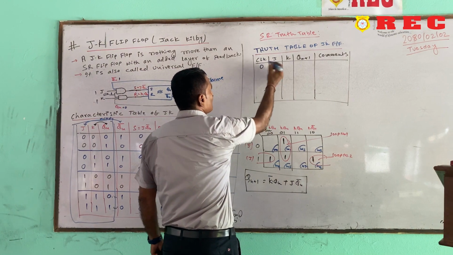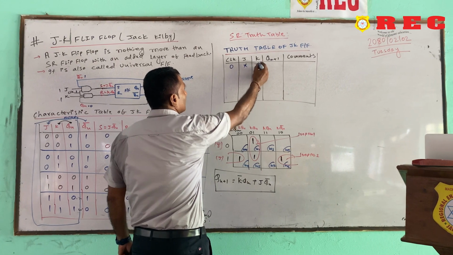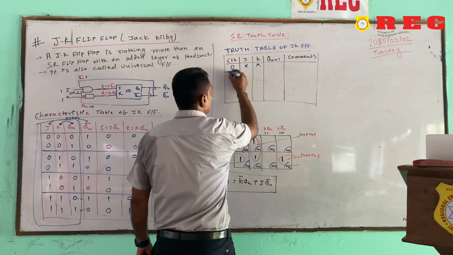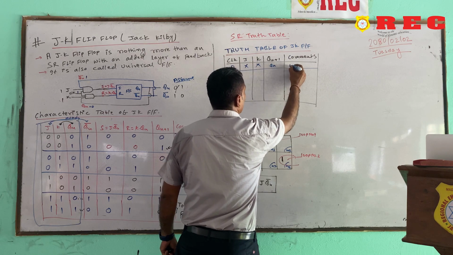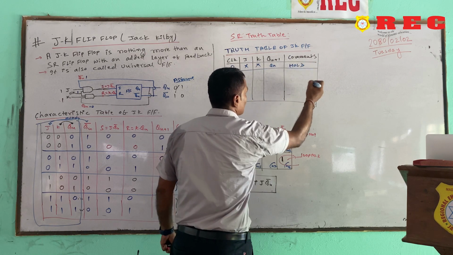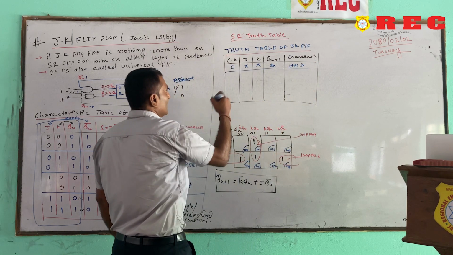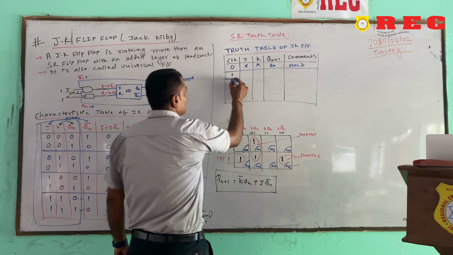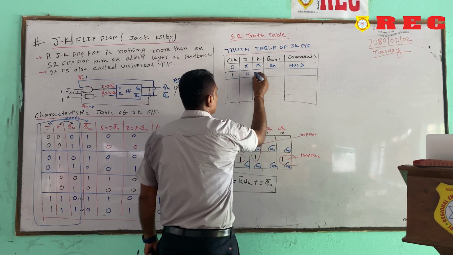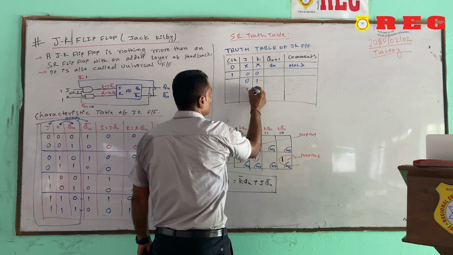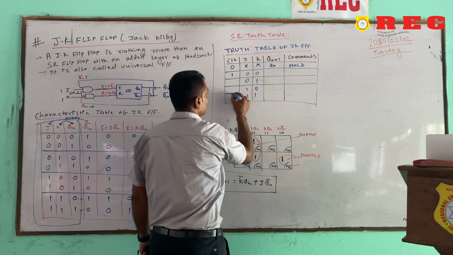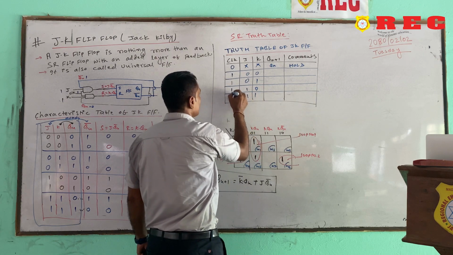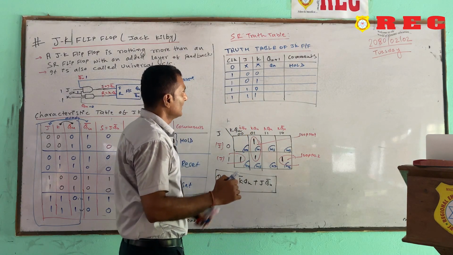If clock is equal to 0, then very easy, the value of J and K will be 0 or 1, whatever, this will be the Q n, meaning hold state. If clock is equal to 1, then there will be 4 conditions: 0 0, 0 1, 1 0 and 1 1. Very carefully, very easily, I think you will understand.